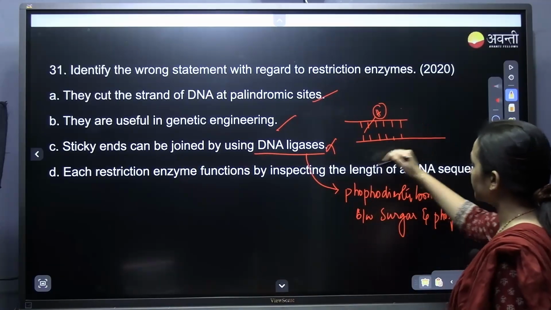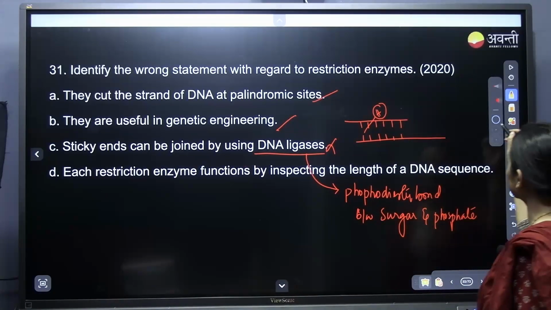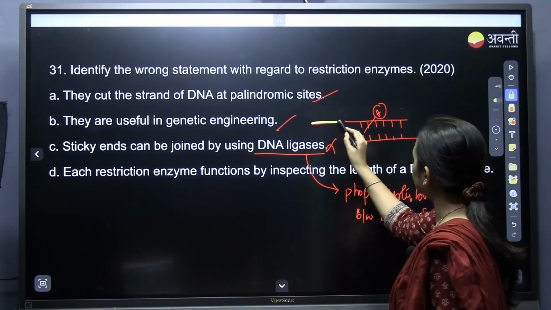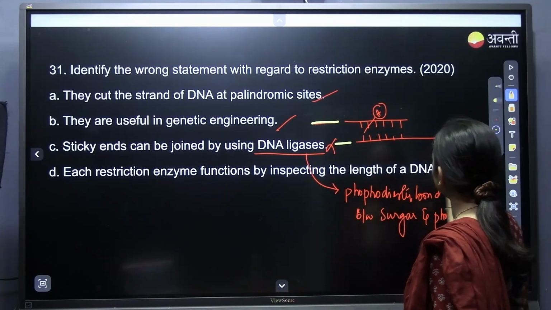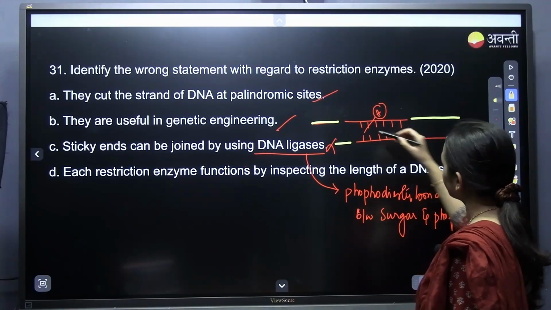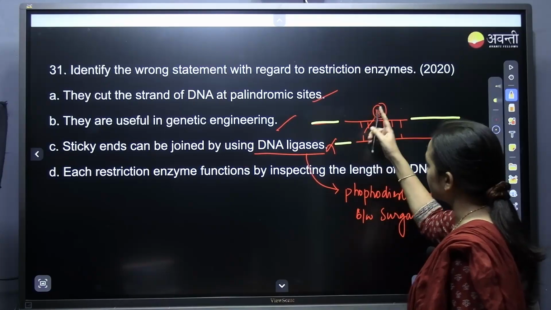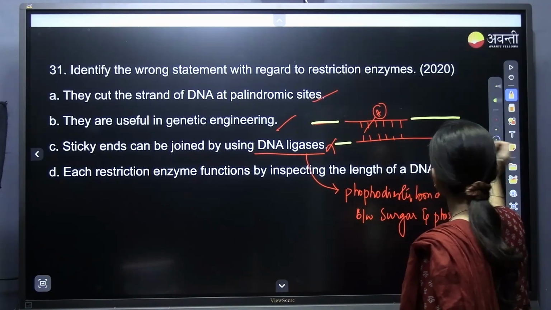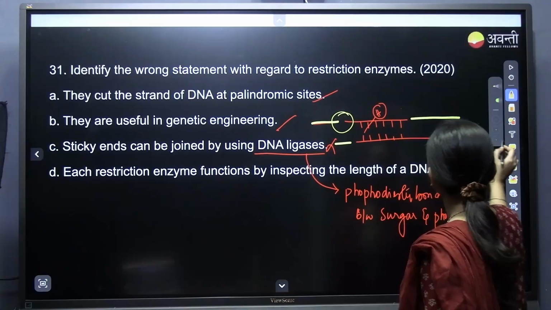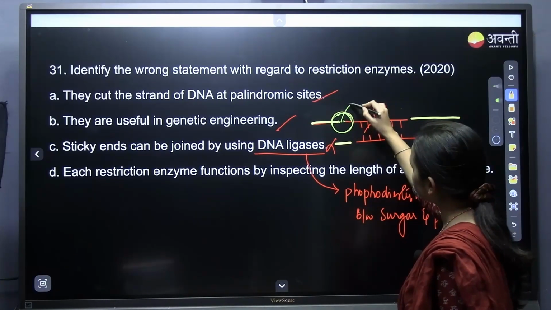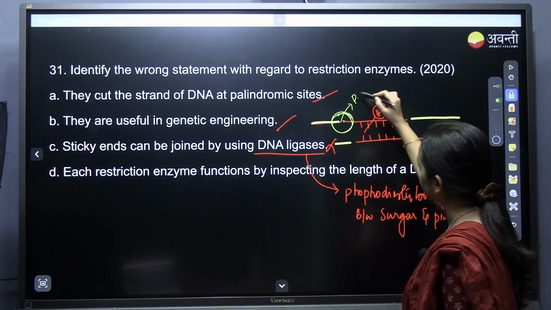No, actually what DNA ligase does, DNA ligase joins the 2 DNA molecules at this particular site, where it establishes the phosphodiester bond.